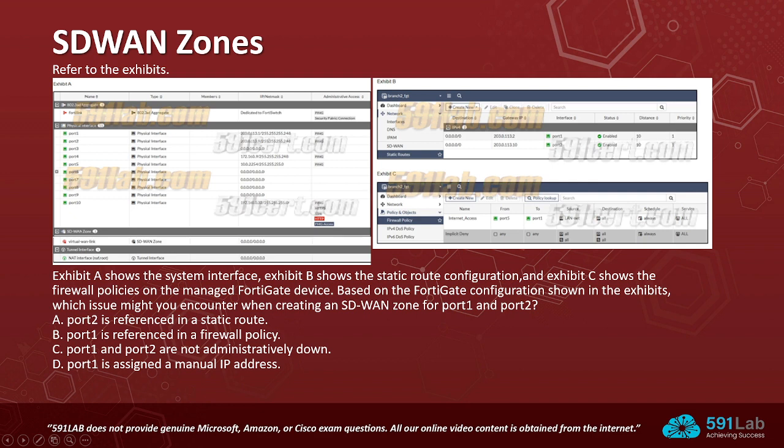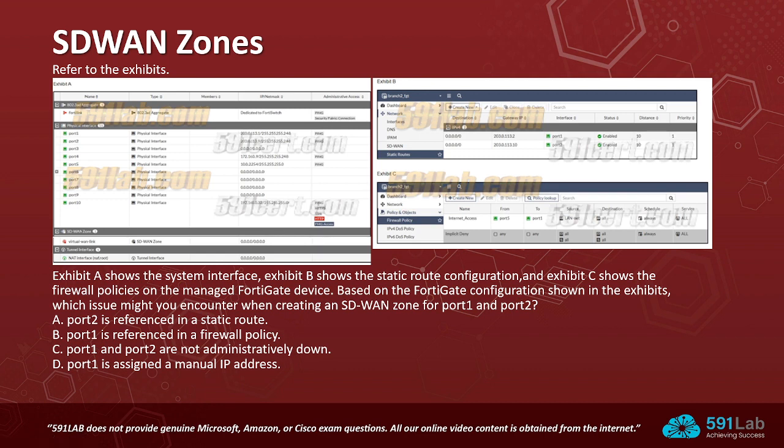So, which issue might you encounter when you create an SD-WAN zone for port 1 and port 2? We have there that port 2 is referring to a static route, port 1 is referenced in a firewall policy, port 1 and 2 are not administratively down, and port 1 is assigned a manual IP address.